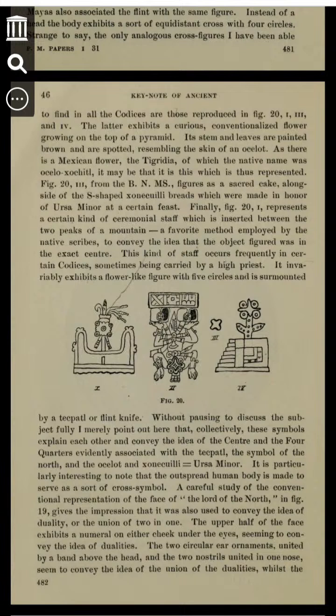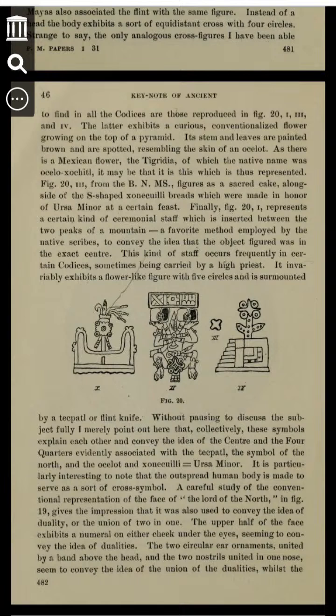The two circular ear ornaments united by a band above the head and the two nostrils united in one nose seem to convey the idea of the union of the dualities, whilst the lower half of the face, which is rendered strikingly different to the upper half by being in higher relief and marked with perpendicular lines, exhibits a mouth from which a flint knife with a symbolic eye and fangs carved on it is hanging like a tongue.